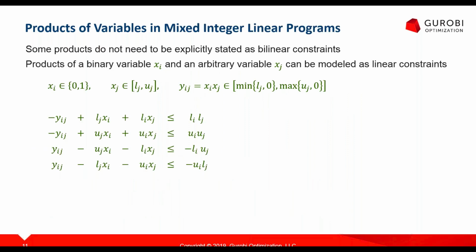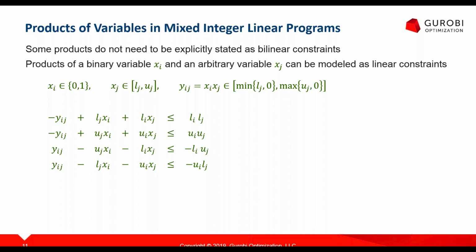Okay, so now we want to go back to mixed integer linear programs. How can we use this technique of RLT cuts? So we somehow need to find those product relations also in mixed integer linear programs. Of course, they will not always exist, but sometimes they do exist.